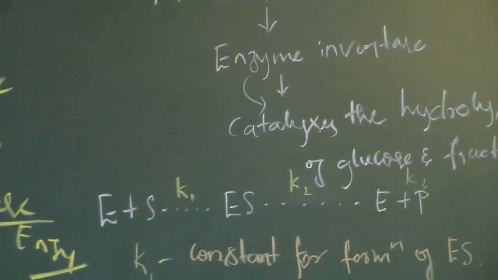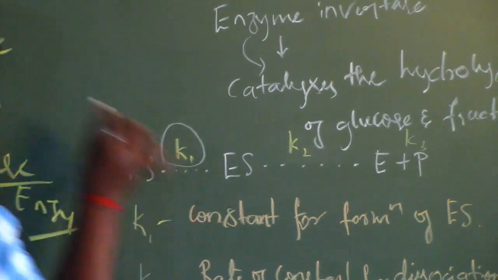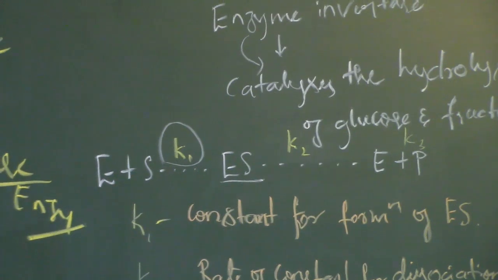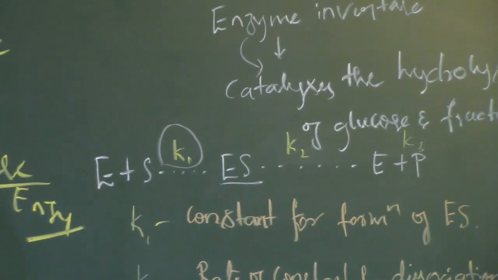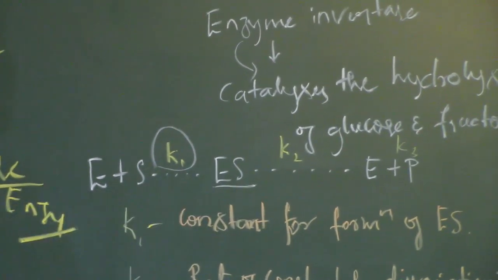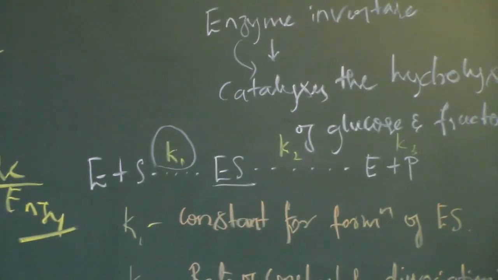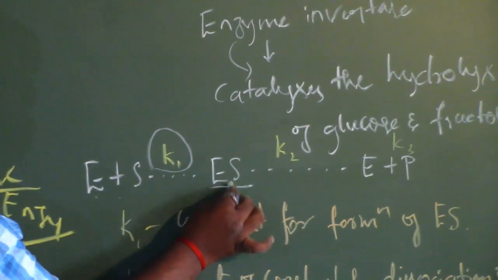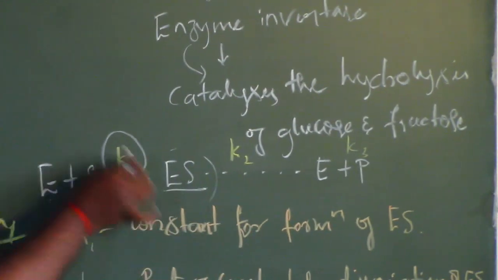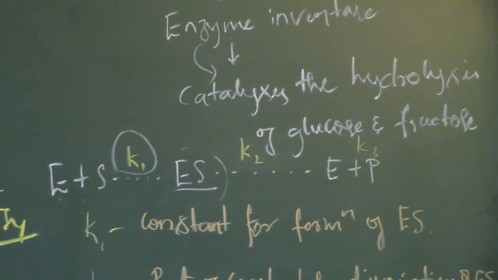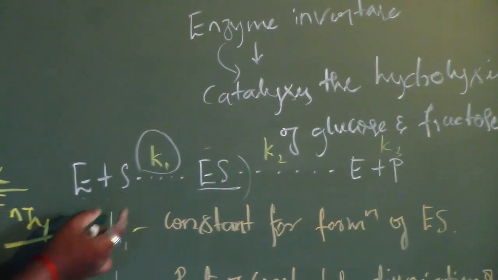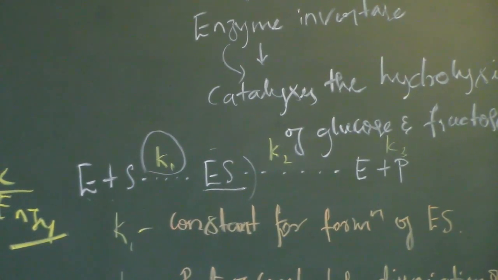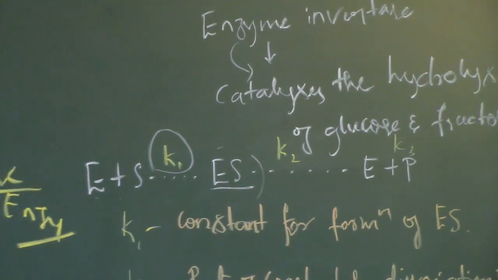The first interval is K1. K1 is the formation of ES, that is nothing but the enzyme substrate complex. It means that an enzyme along with a substrate will combine to form ES, the enzyme substrate complex, at the first interval.